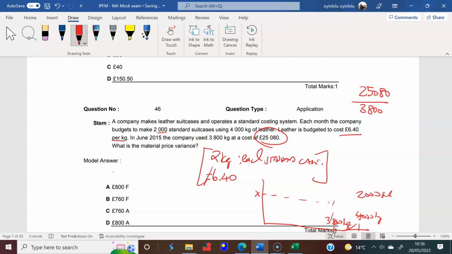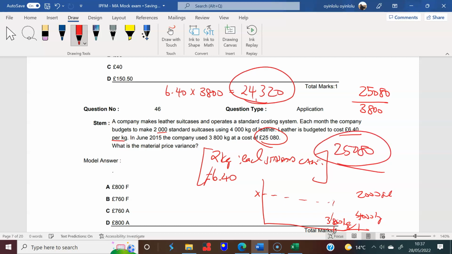The question here is that you should have spent £6.40 on the kilograms you actually did buy. So let's find out what that is. You should have spent £6.40 times 3,800, which would have been 24,320, but you spent 25,080.